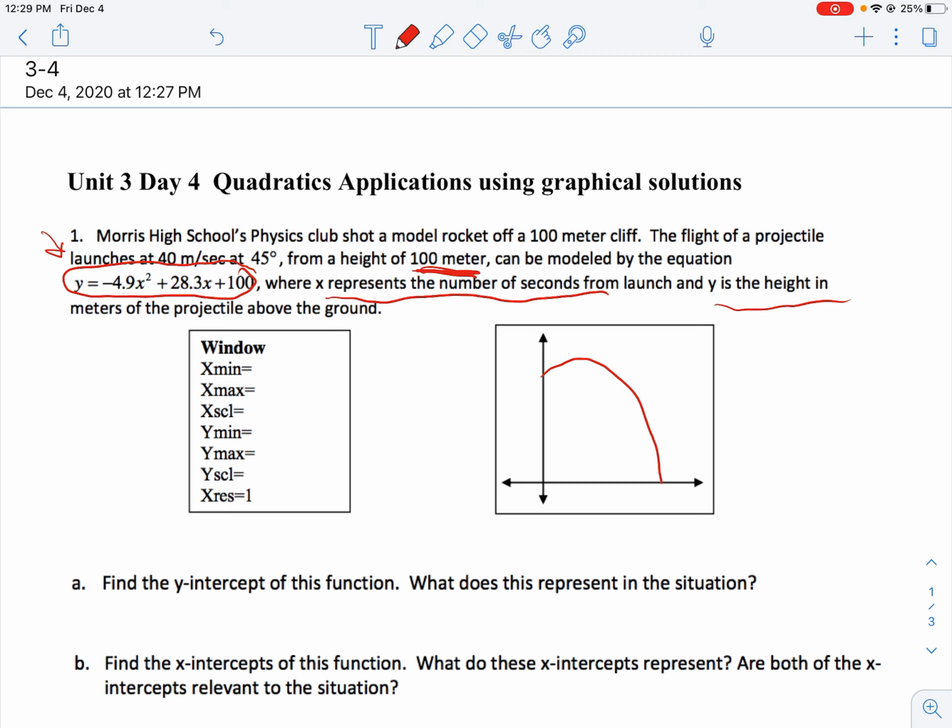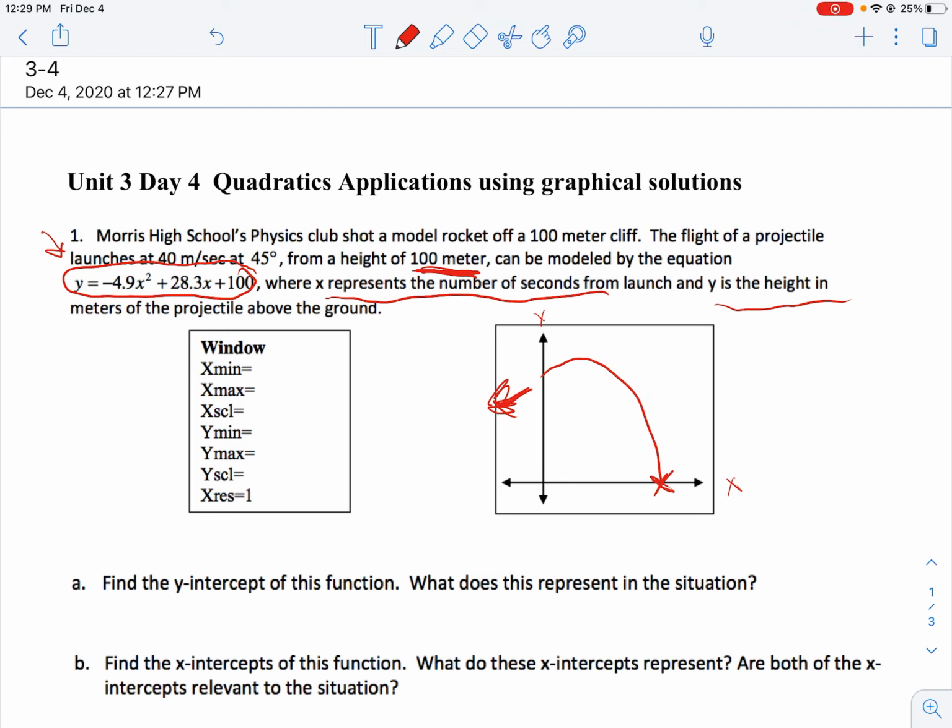And so why we're not too concerned about negative x and y values is because when we're on the left side of the y-axis here, we start dealing with negative time, which wouldn't really make sense to this problem. We're not really concerned about what's going on seconds before the launch. We're worried about when this thing is launched, and then more importantly, when it hits the ground.